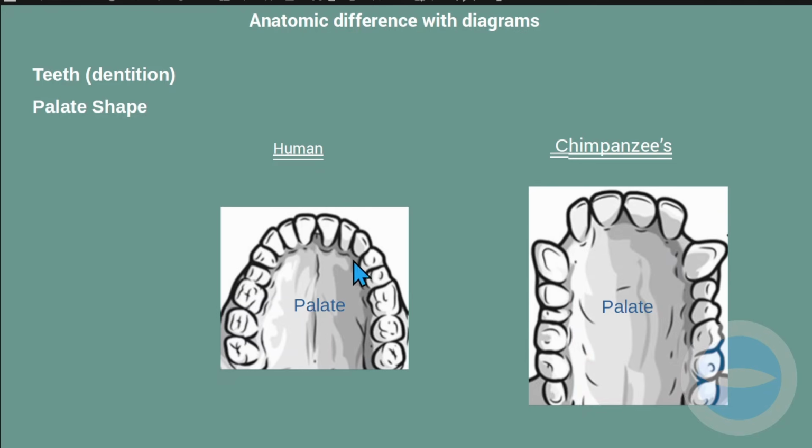In humans, it's circular, but with the chimpanzees it's more like rectangular. So this is the difference between humans and the African apes when it comes to palate shape. This one is a half circle, and this one is more like rectangular. So I hope you see the difference.